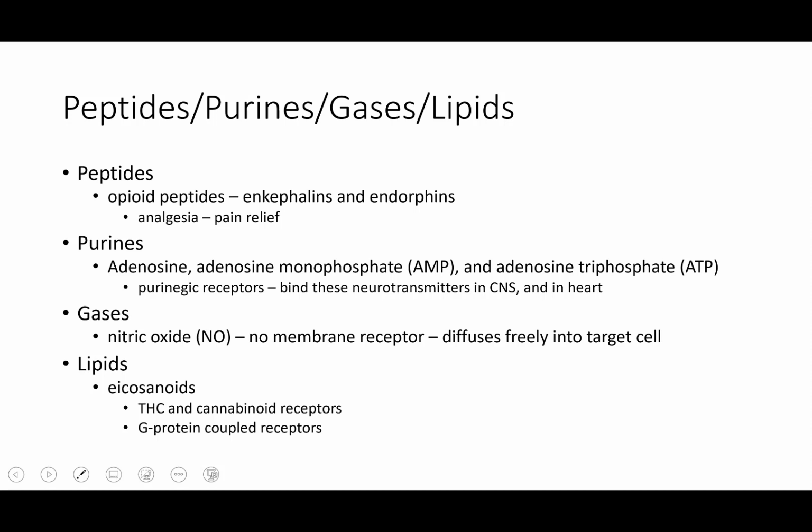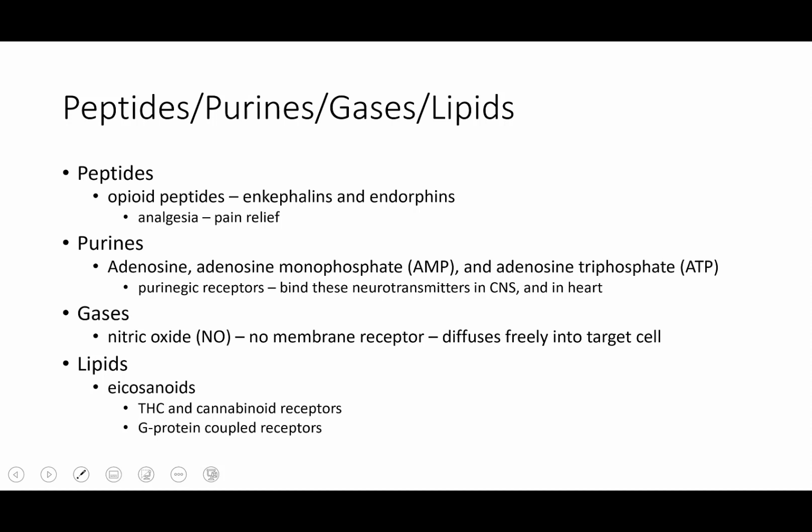Our other categories, the other four, the peptides, purines, gases, and lipids, we're just going to do some light lip service to at this time. Our peptides, right, these are proteins. The great example of compounds found in this that are neurotransmitters are opioid peptides.